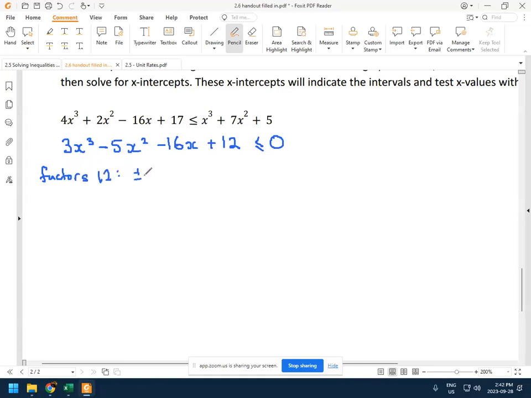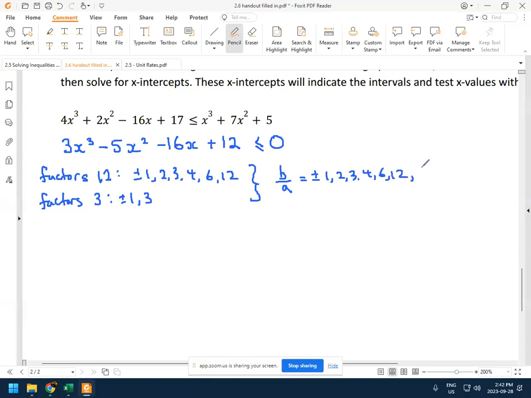12? Plus minus 1, 2, 3, 4, 6, and 12. What are the factors of 3? 1 and 3. So, put together, the factors b over a will be plus minus 1, 2, 3, 4, 6, and 12, as well as 1 over 3, 2 over 3, 3 over 3, 4 over 3, 6 over 3, and 12 over 3.